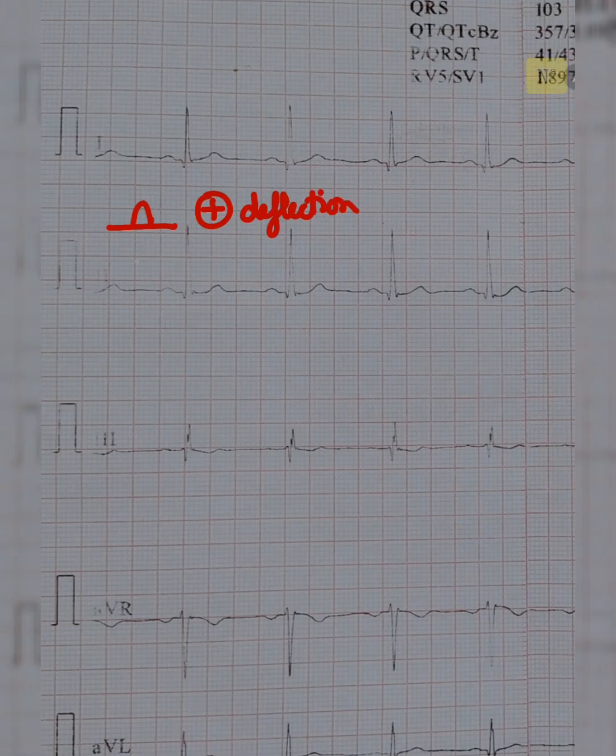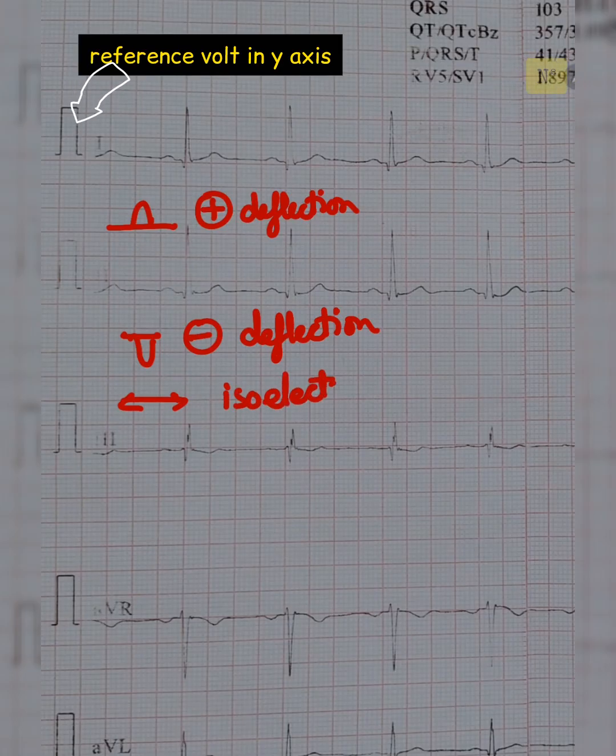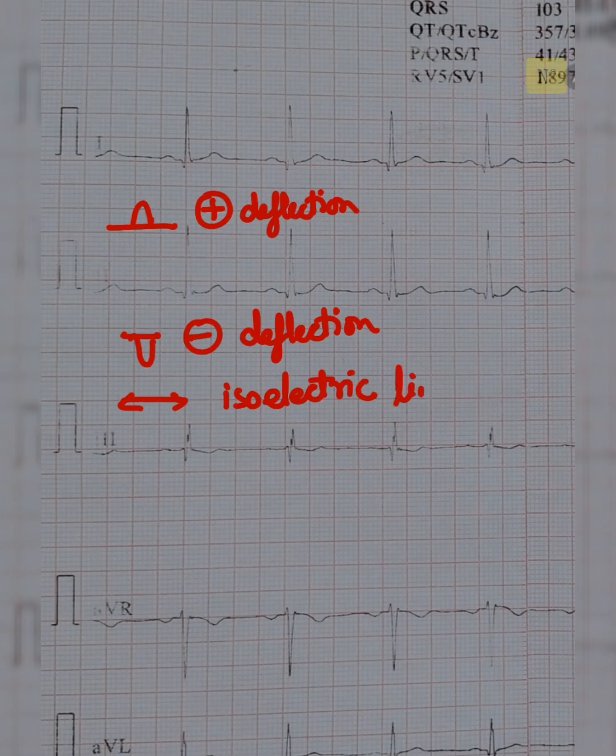Any curve going downwards is taken as a negative deflection. And if any segment of the ECG rhythm is a flat line, it is called an isoelectric line or segment.